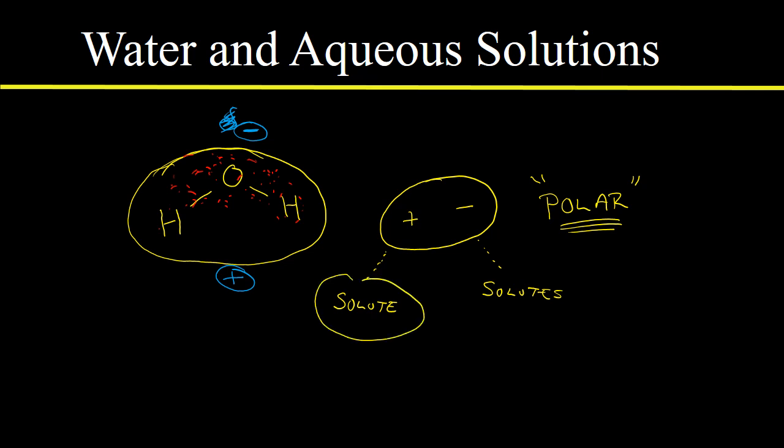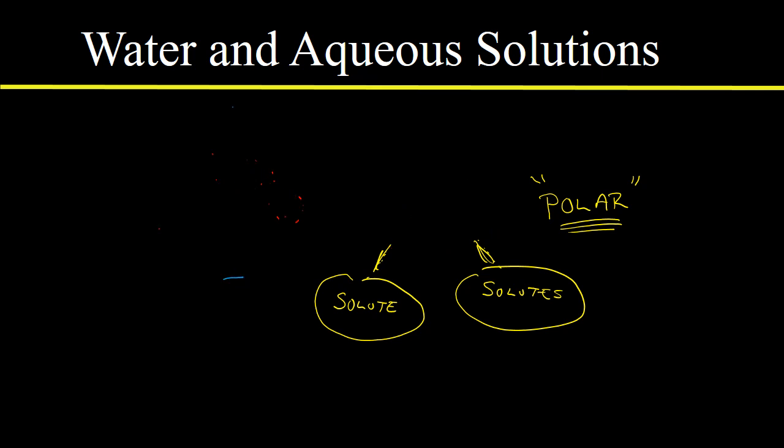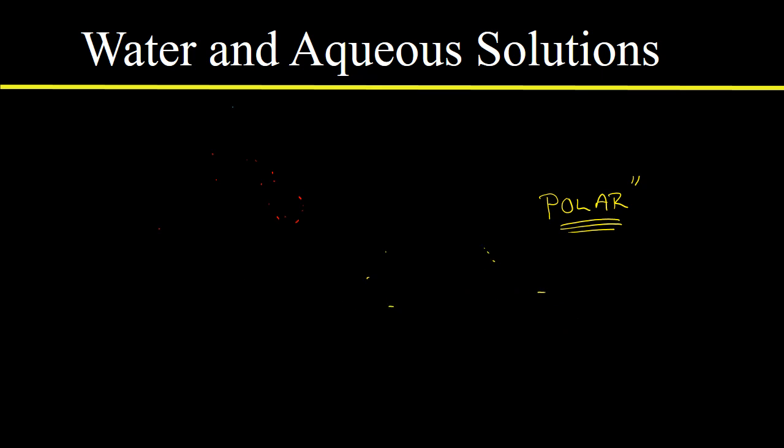The solute molecules in the water are interacting with the positive and negative parts of the water molecule. So the way we indicate that with a chemical equation, take something simple like sodium chloride.